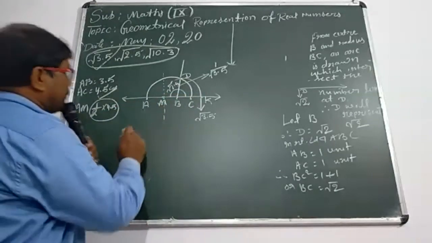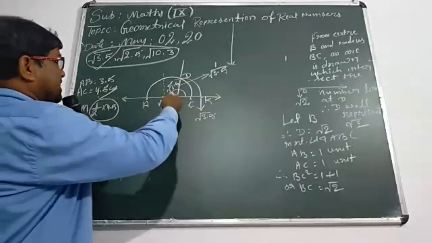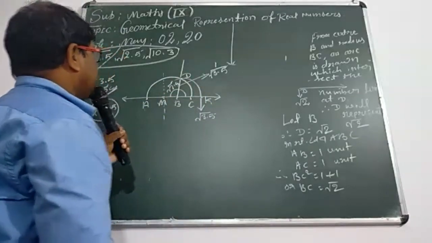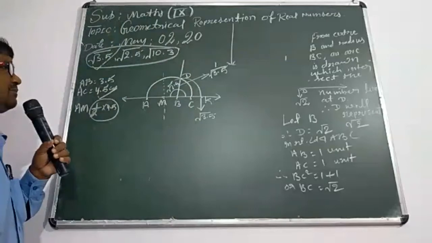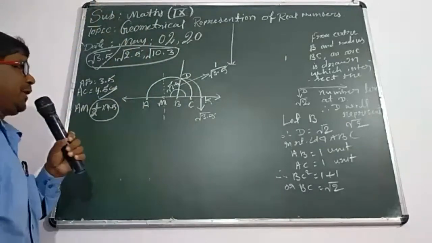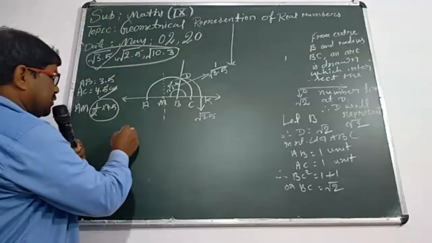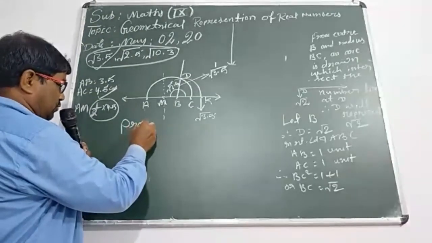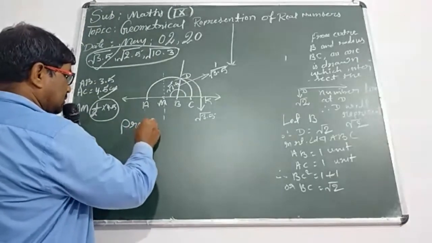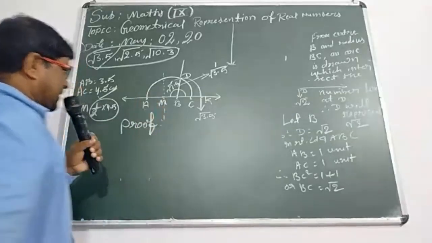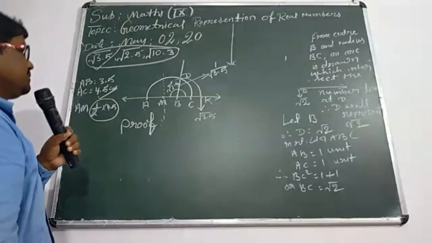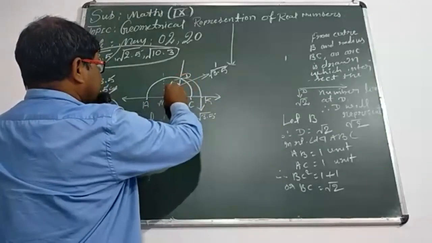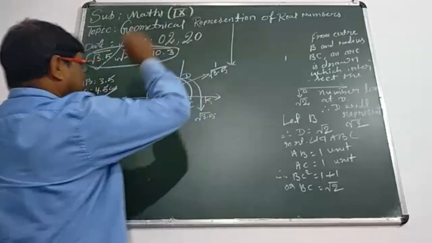Okay, now proof. How can we say BD is under root 3.5? Now students, geometrical proof, take down. First we will join M to D. Join M to D in your notebook.